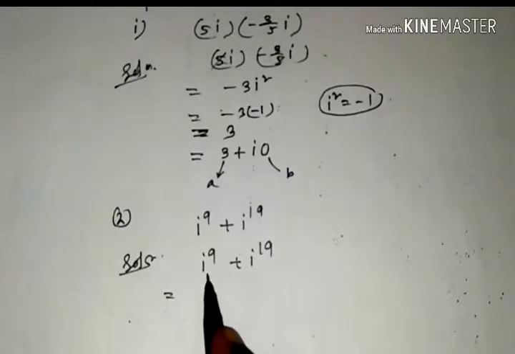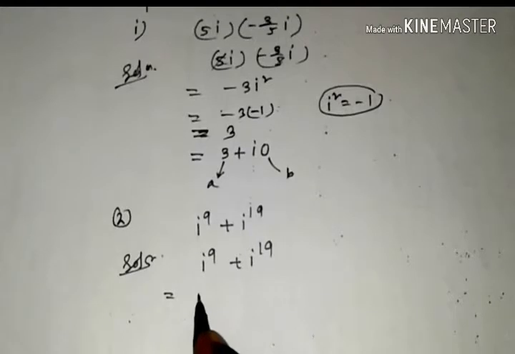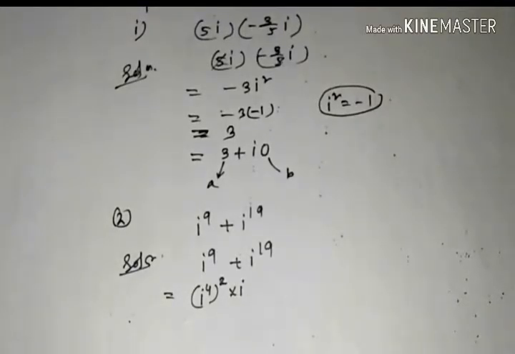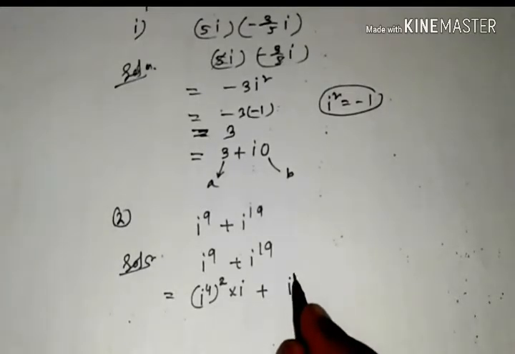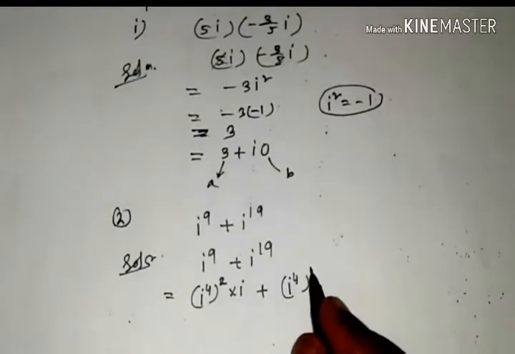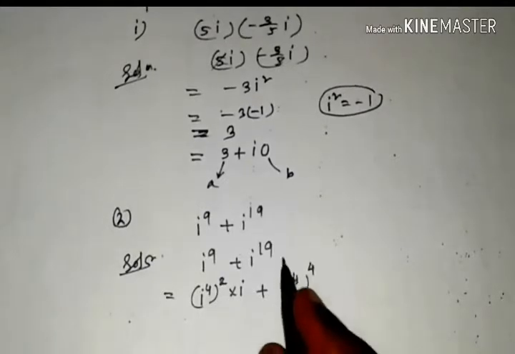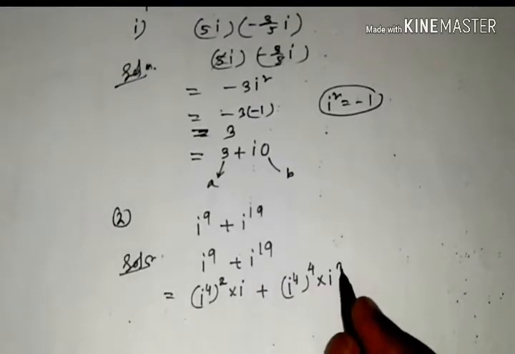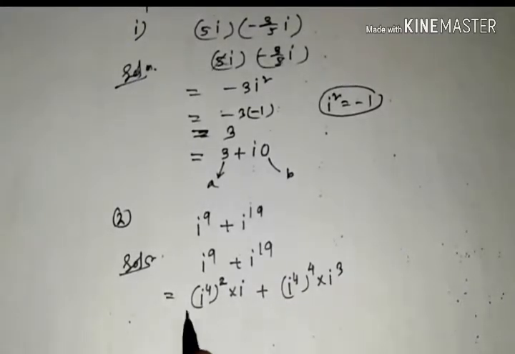i to the power 9 is i to the power 4 into 2, that is 8, and there is 9, therefore i will remain. Next, i to the power 19: i to the power 4 into 4, 4 fours are 16, and 16, 17, 18, 19, therefore i cube extra will remain.